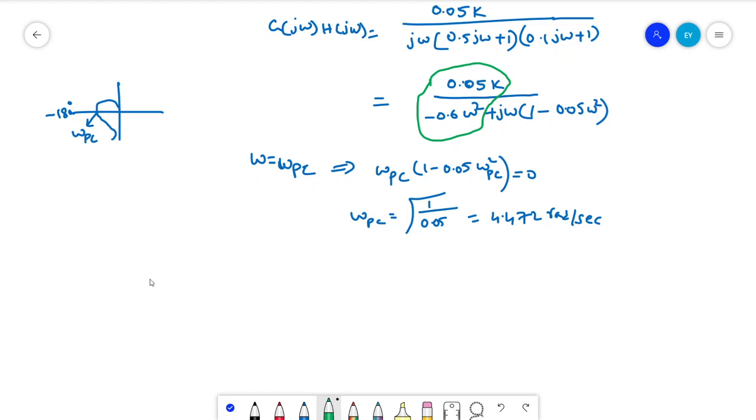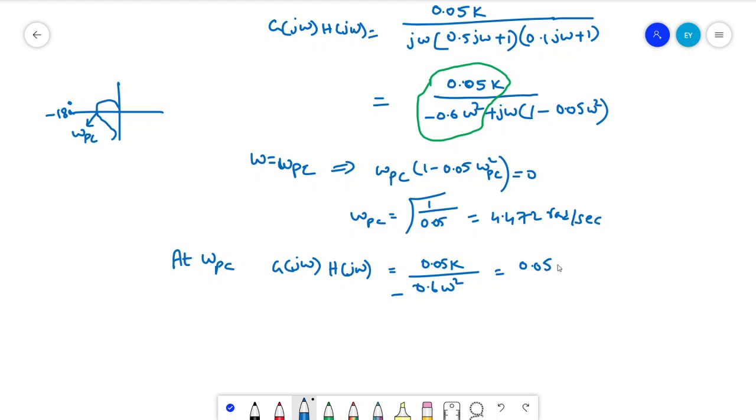What you get is, at omega pc, G of j omega into H of j omega is equal to 0.05 k divided by 0.6 omega square, that is equal to 0.05 k. What is the omega value? 0.6 into, substitute omega equal to 4.472 square.